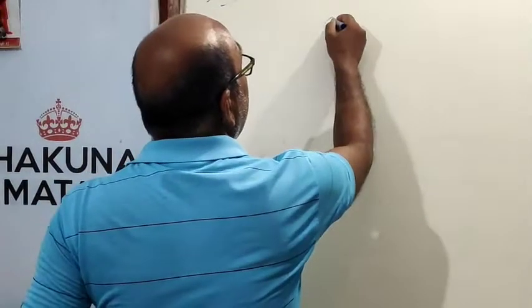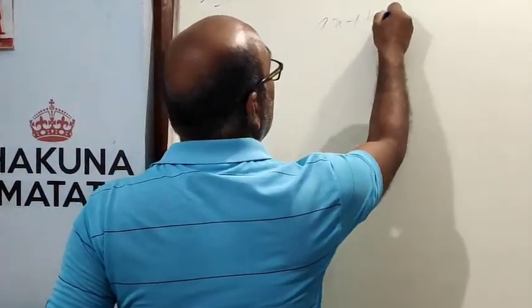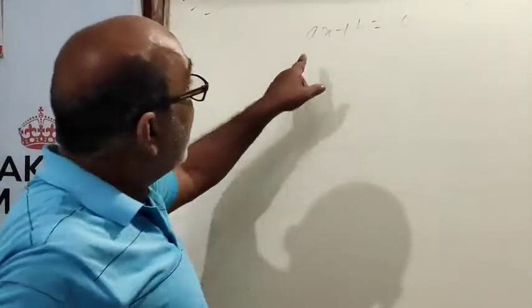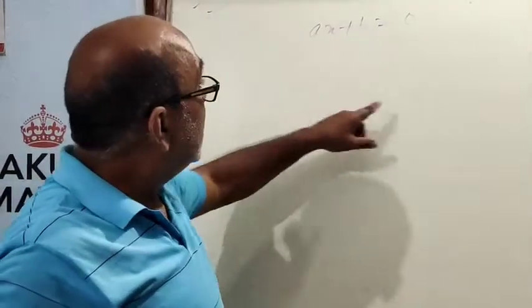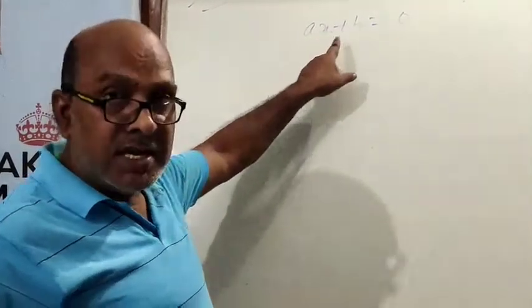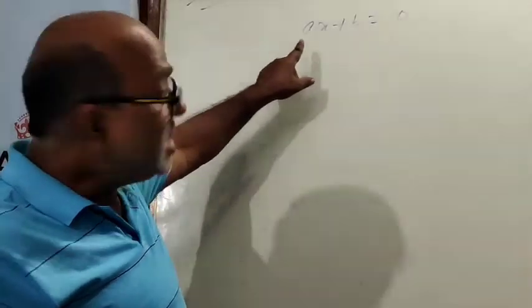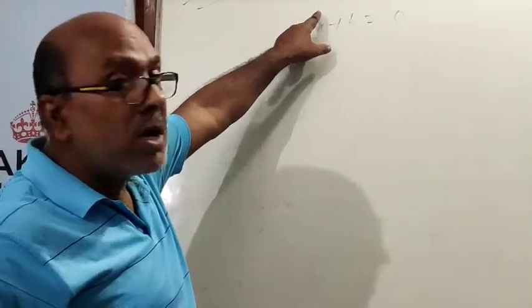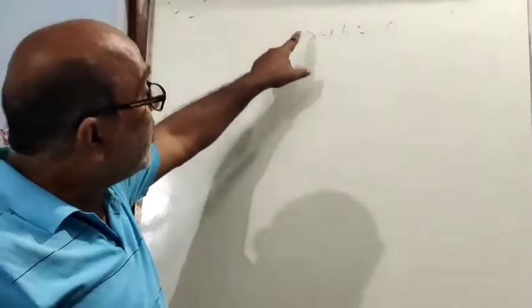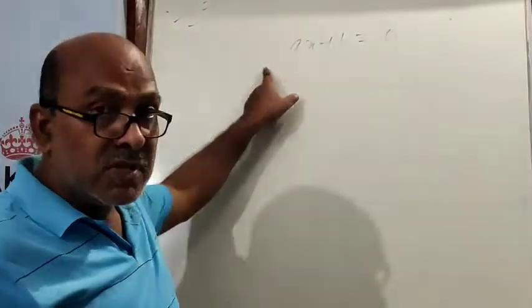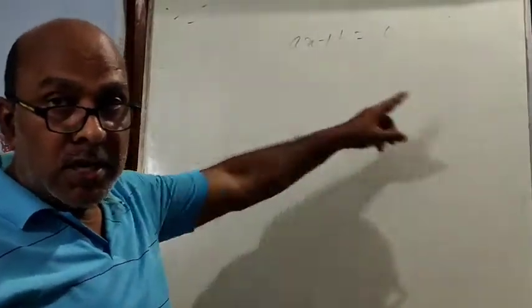General form of linear equation in one variable is ax plus b equal to 0. This is the general form of a linear equation. Since it is a linear equation, why? Since variable x contains one power, that is, the power or exponent is 1, therefore this is known as a linear equation.